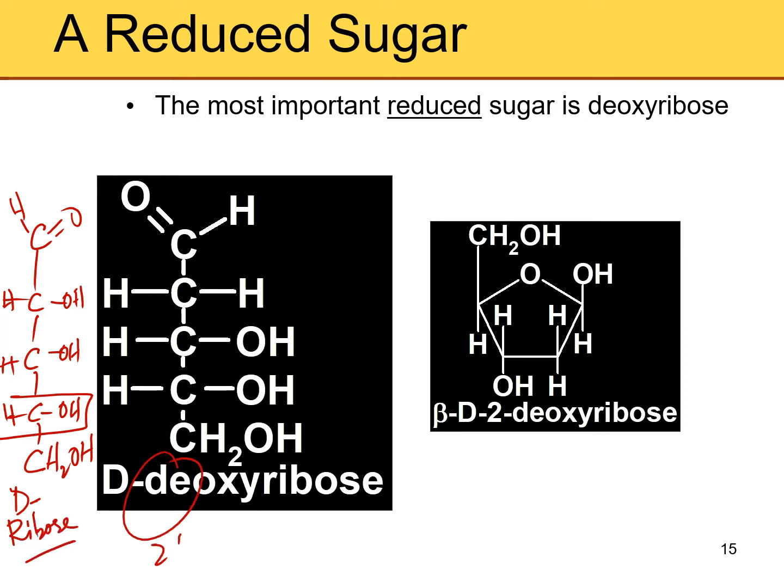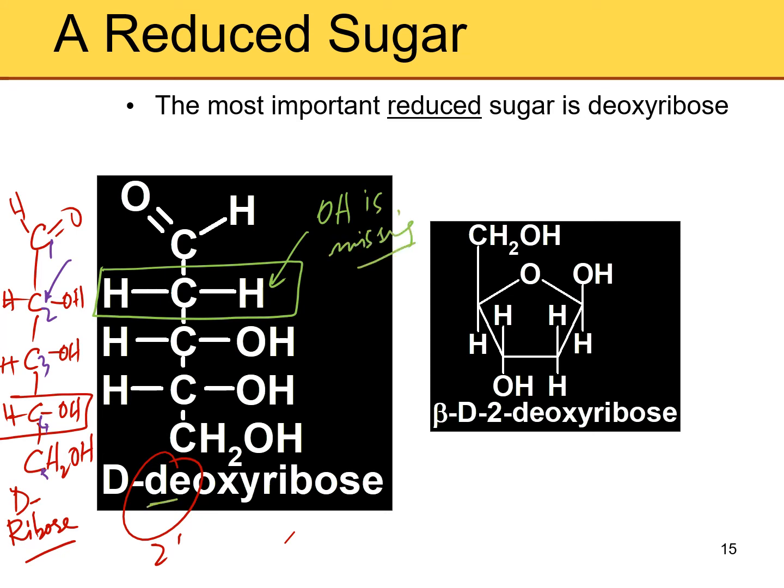So the deoxy part is 2 prime. So 2 is carbon number 2, which is basically 1, 2, 3, 4, 5. At the position number 2, the OH is missing, and that's why it's called deoxyribose, and that's shown here as well. This is number 5, 4, 3, 2, 1.